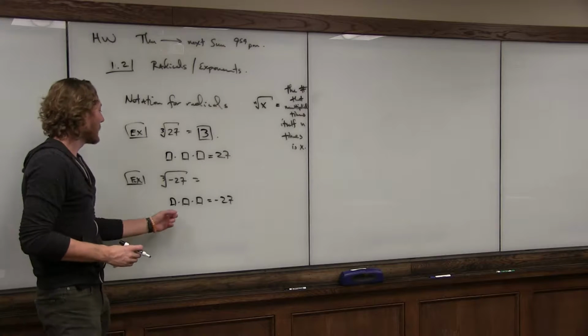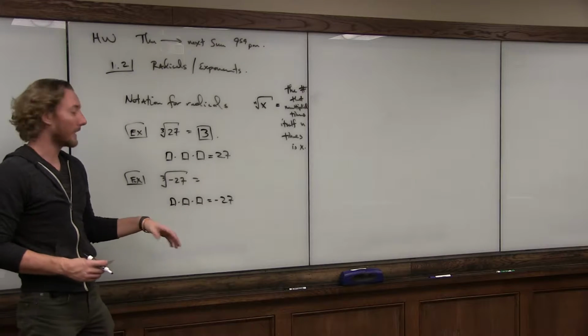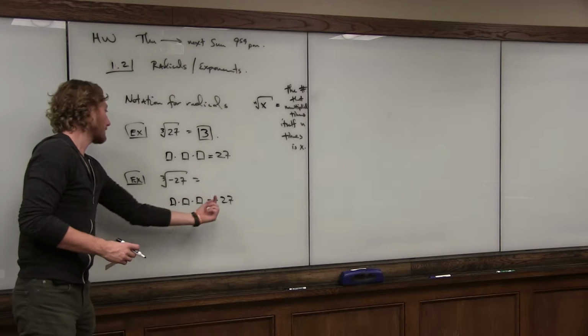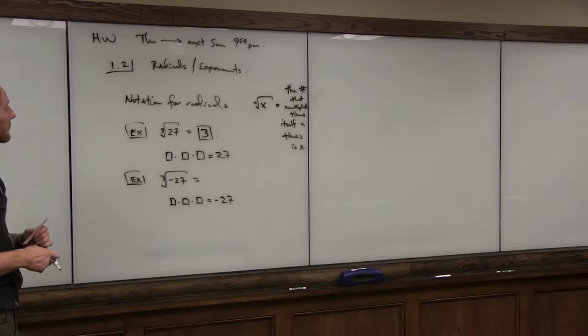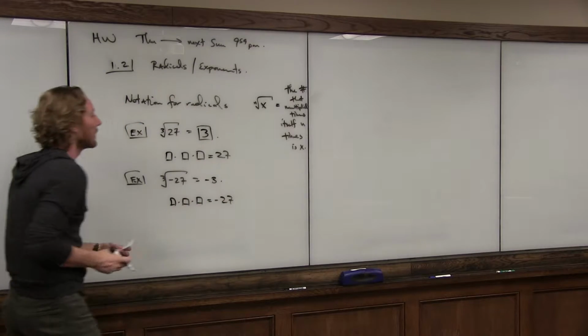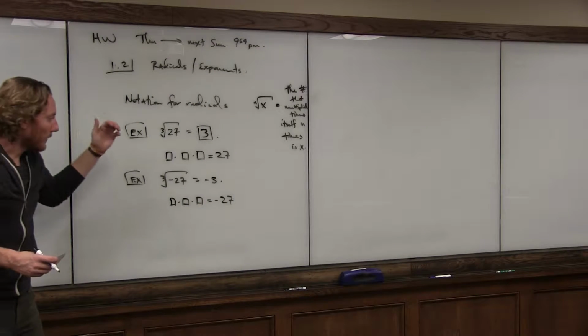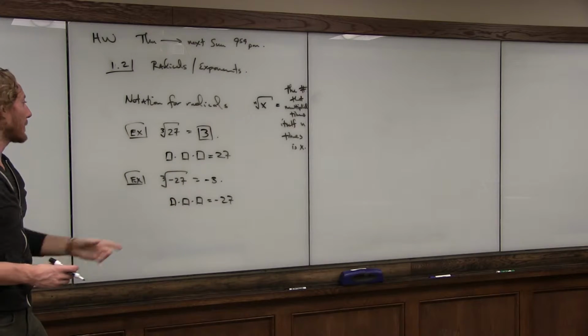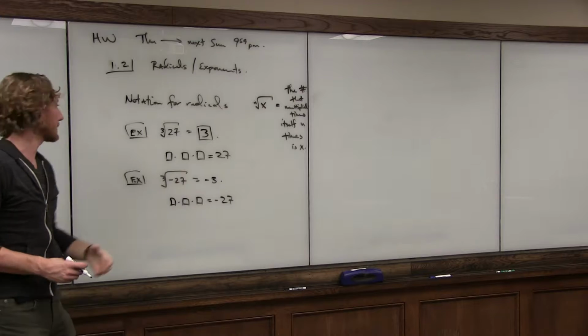And of course, you know that if something is going to multiply to be negative, it's got to be negative itself. In particular, if you have 3 things multiplying to be negative 27, it's got to be negative 3. Because for 3 things to multiply to be negative, the thing being multiplied has to be negative. If the thing being multiplied is positive, you end up with something positive.